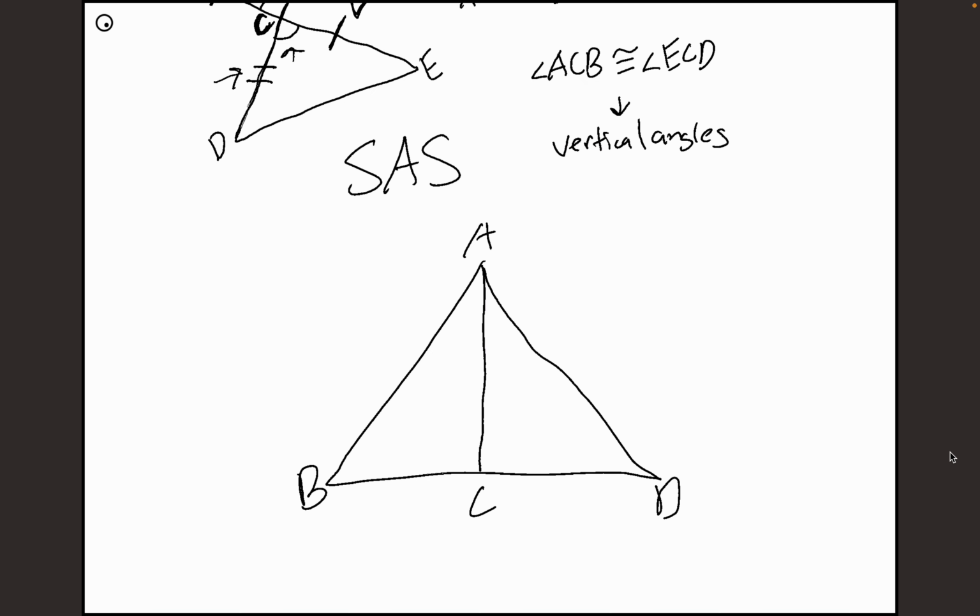What if I said AC bisects angle BAD? What would this tell us?